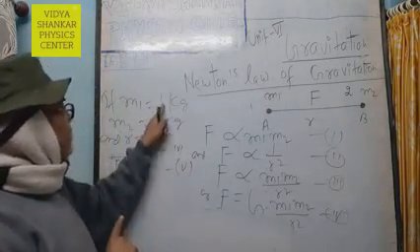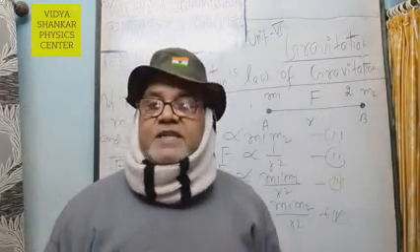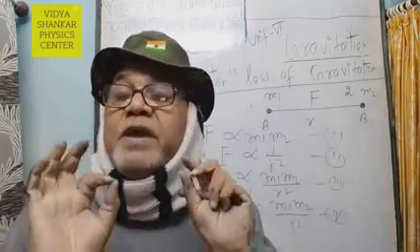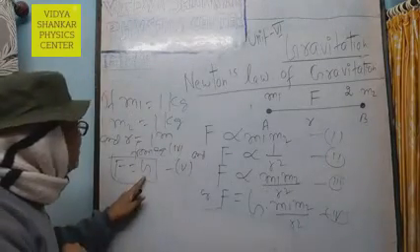Capital G may be defined as the force of attraction between two bodies having unit masses separated by unit distance.